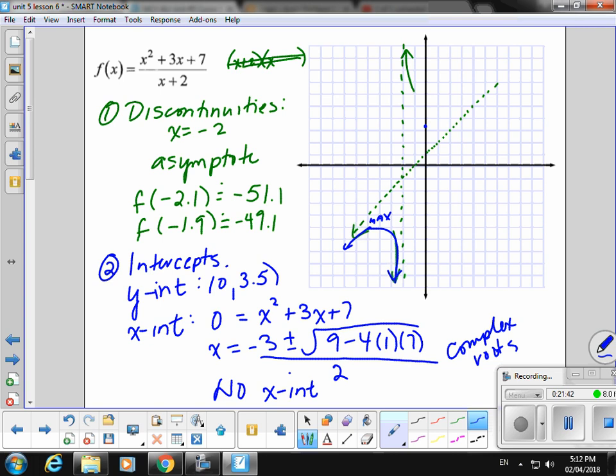So 0.24 has a value of 3.47. 1, 2, 3.47, which is a minimum in the interval. And we approach the asymptote here and there. Messy but true. We have our function. We should check that on Desmos.